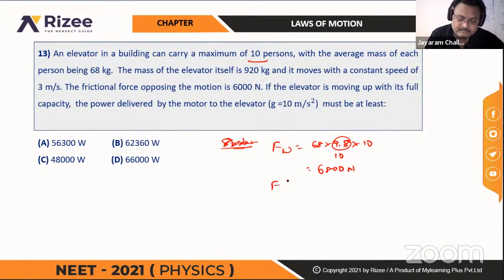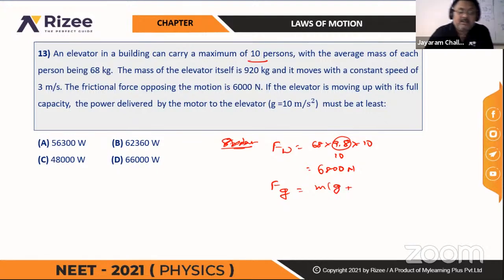The second type is the force because of the weight, that is gravitation, equal to m into g. What is the mass? So three types of forces will be there.